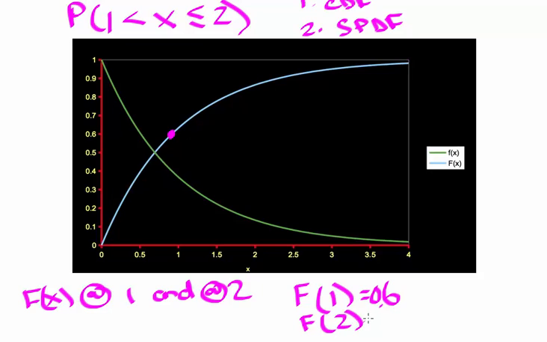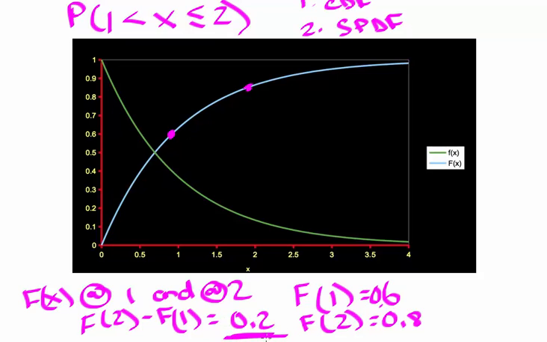F of 2 is about 0.8. So we subtract F of 2 minus F of 1 and we get 0.2 as our probability.